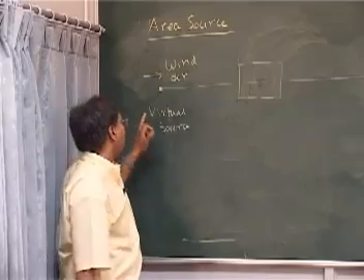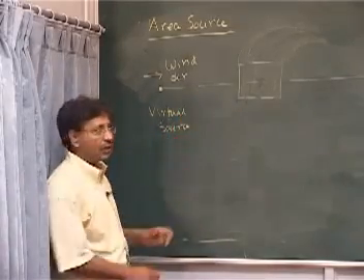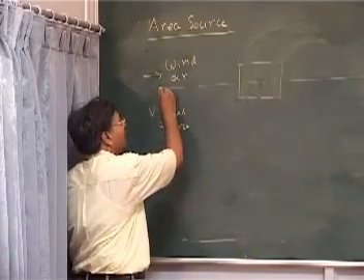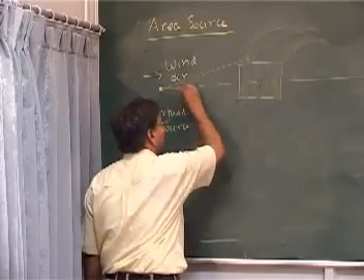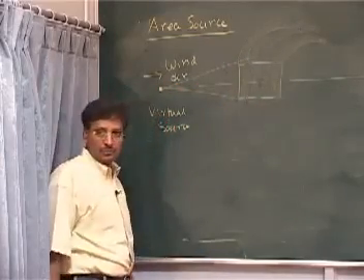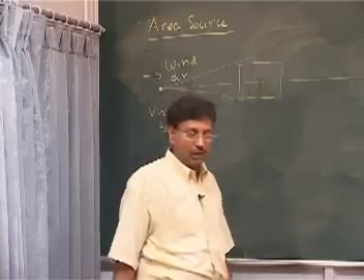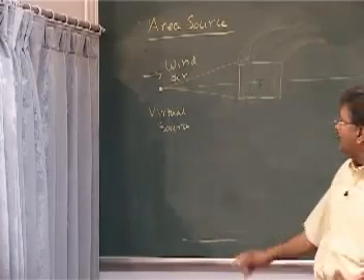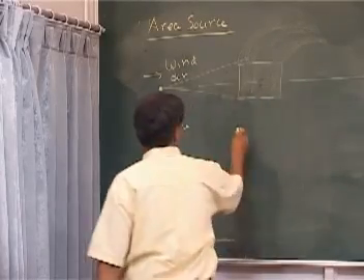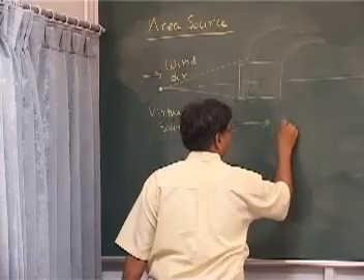So, we can think of a virtual source, which starts from here and disperses like this. I can think of a point source at the upwind, and do not forget this is my wind direction.